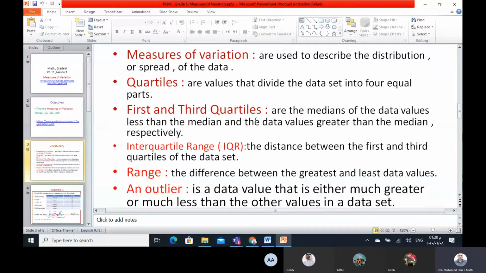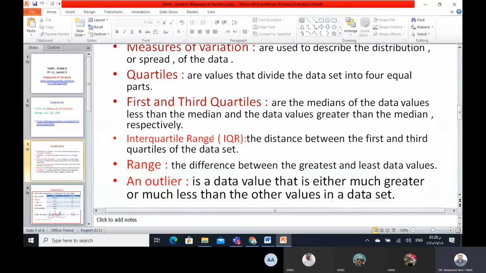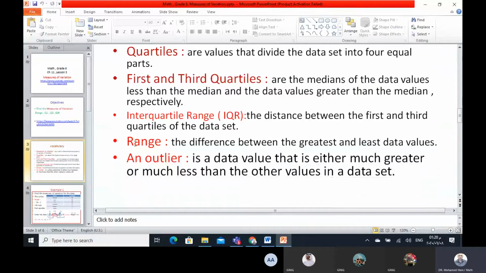First and third quartiles are the medians of the data values less than the median and the data values greater than the median, respectively. Interquartile range, IQR, is the distance between the first and third quartiles of the data set.